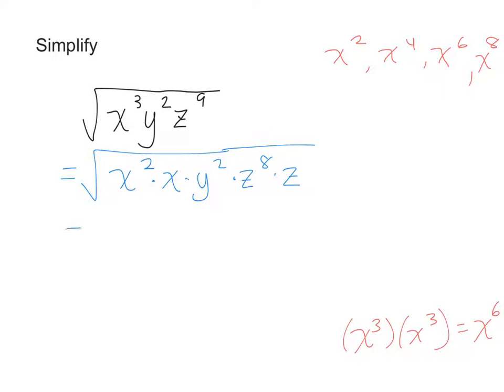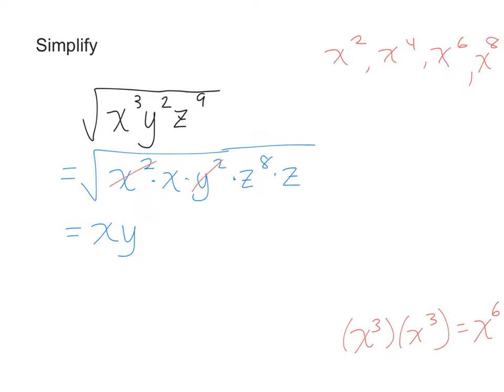So now what I need to do is take the square root of the perfect square factors. So I'm going to take the x squared and take the square root of it. What's the square root of x squared? X. That goes to the outside. So I'm just going to cross it out because we used it. What about the y squared? That becomes a y on the outside, so I use that.